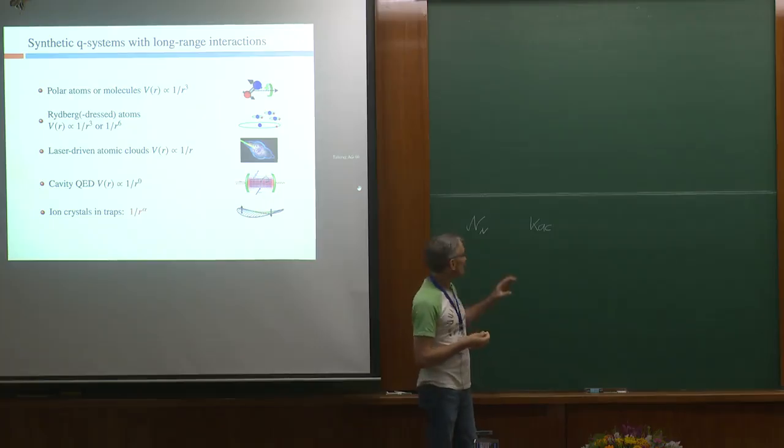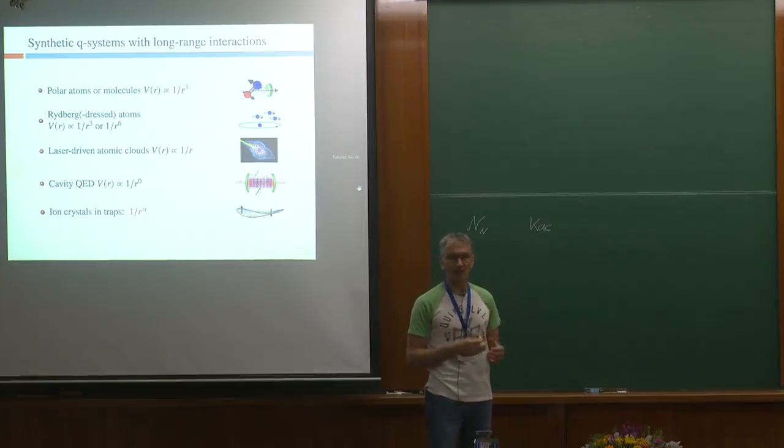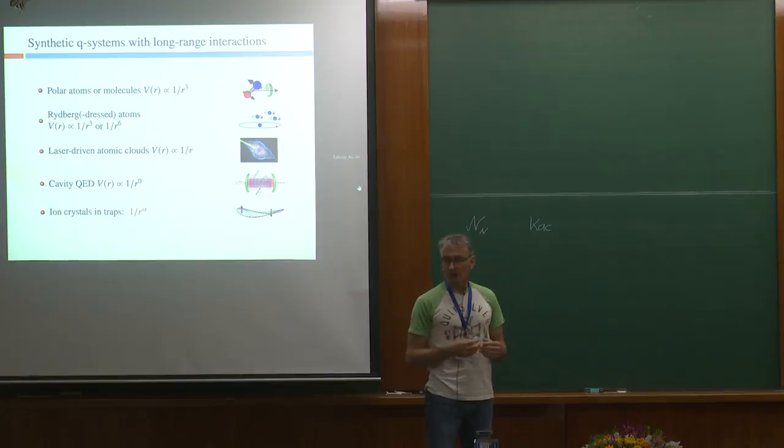Introducing this factor in the long-range Hamiltonian is sometimes called the Katz rescaling or Katz prescription. I mention this just so that you can make contact with literature where you might find that name.